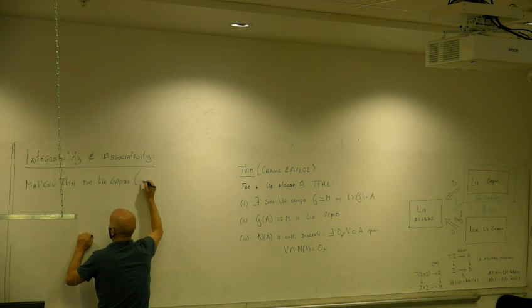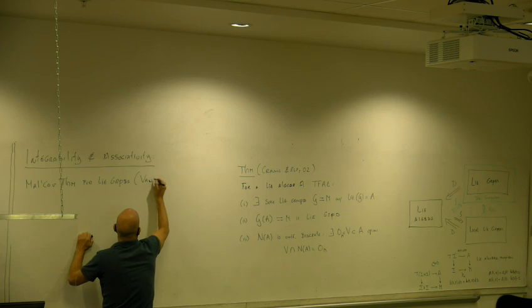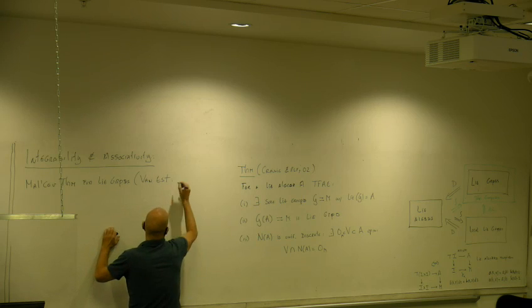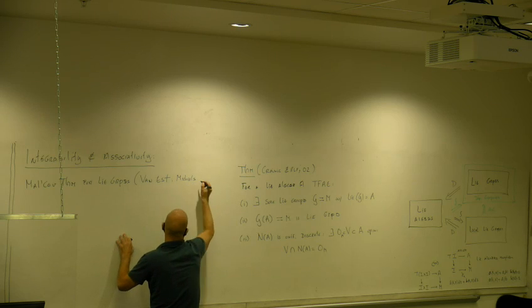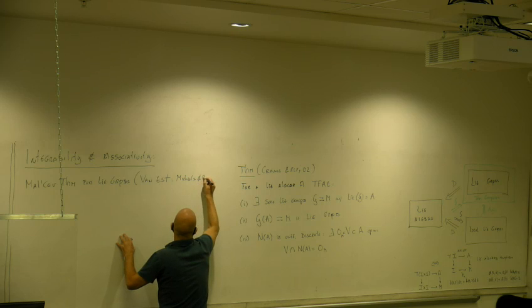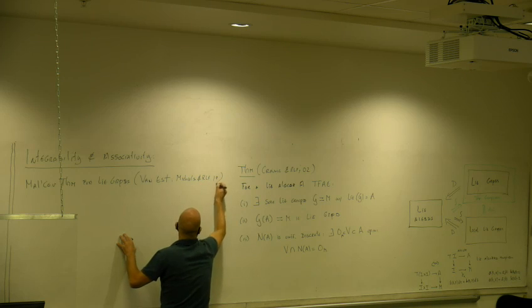In some sense this is due to Van Est, but there is also a paper that I wrote with a student of mine where we actually give a detailed proof of this, which you cannot find in Van Est. This is from 2 years ago or something.